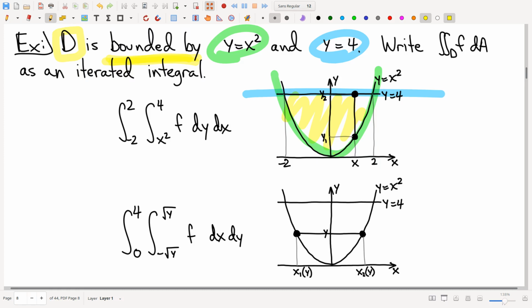One is, obviously, the boundary of this region consists of those curves. The thing is, I could say the same about this region up here. That region's boundary consists of the green curve and the blue curve. So how did I know that I meant this one and not that one?